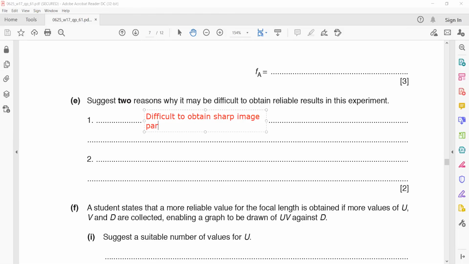Parallax error. And it might be difficult to measure the center of the lens, because as you can see in the picture, it is difficult.